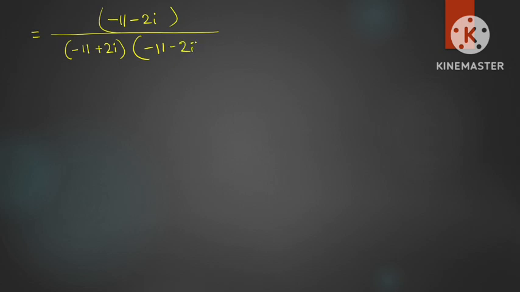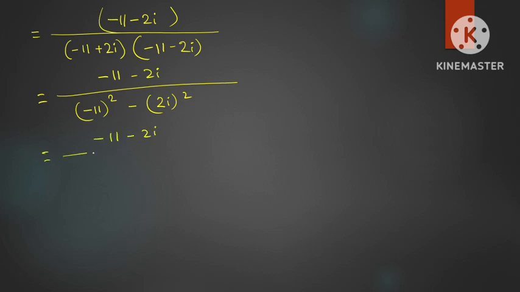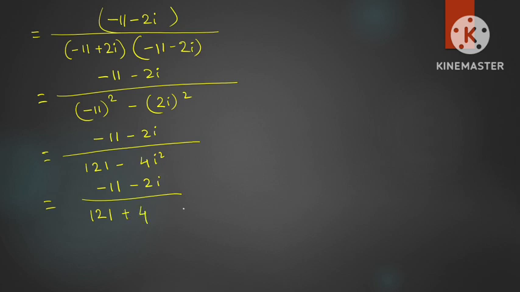Now solving this, here we get minus 11 whole square minus (2i) whole square, divided by 121 minus 4i square, which will be minus 11 minus 2i divided by 121, and since i square equals minus 1, plus 4 ultimately, which will be minus 11 minus 2i divided by 125.